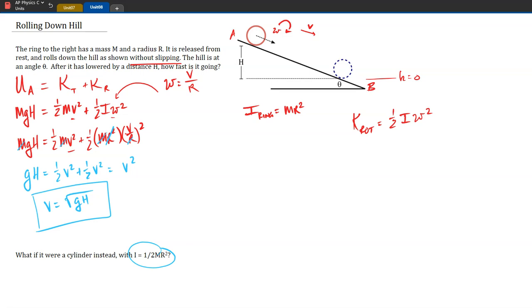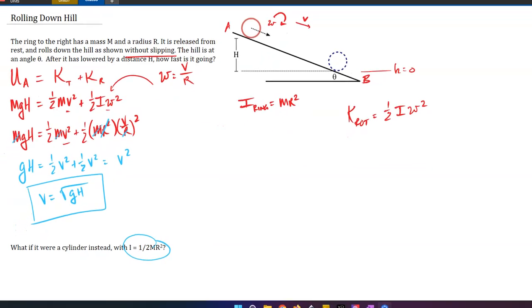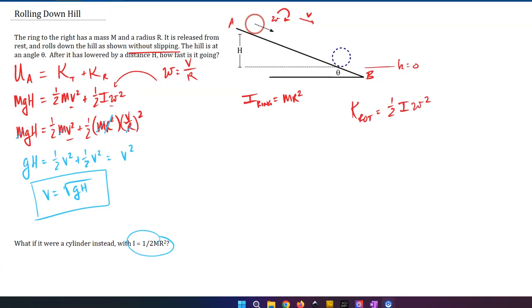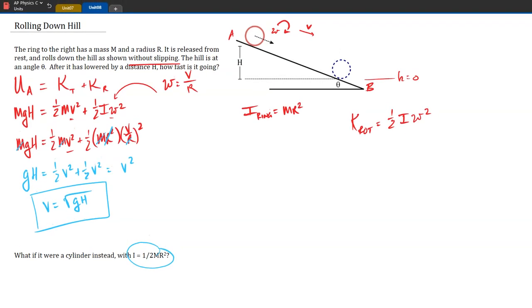So let's start from this spot right here and rewrite this. We have mgh equals 1/2 mv squared plus 1/2.